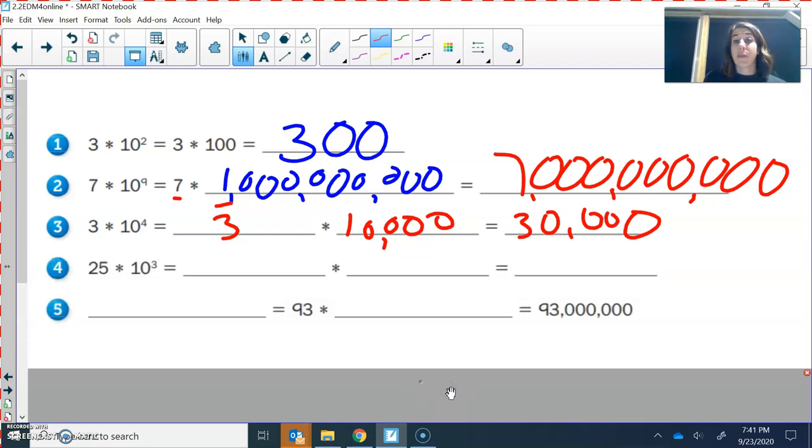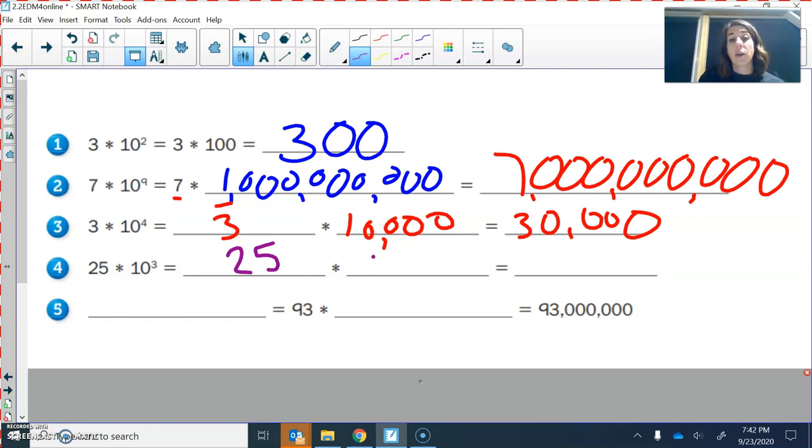Now, look at numbers 4 and 5, pause the video, and see if you can solve them on your piece of paper. Great job. So, here are the answers that you should have. Remember, check your own work and ask yourself, if you went wrong, what did you do? So, I'm going to start with 25 and writing this out in more standard form.